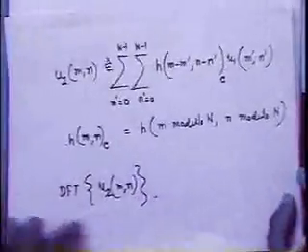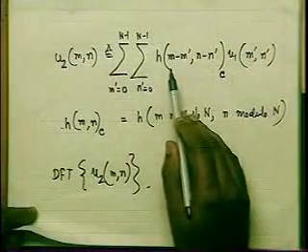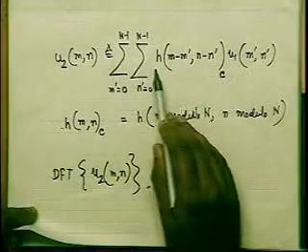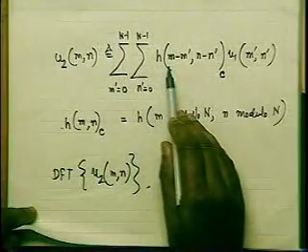With respect to that, the mathematical definition of the circular convolution is like this. For the h function, we have to take m minus m prime, n minus n prime, which is defined circularly, and the circular function definition is given here.